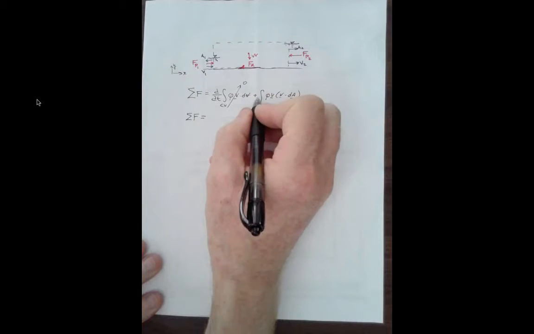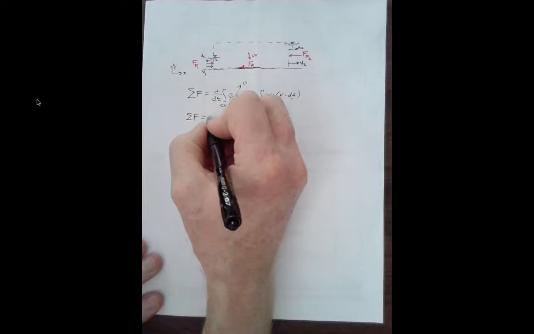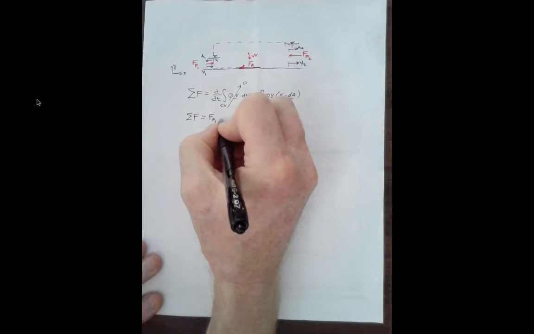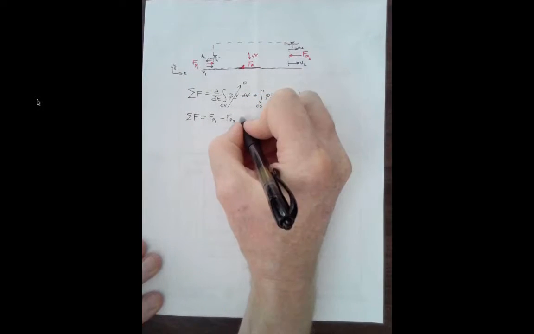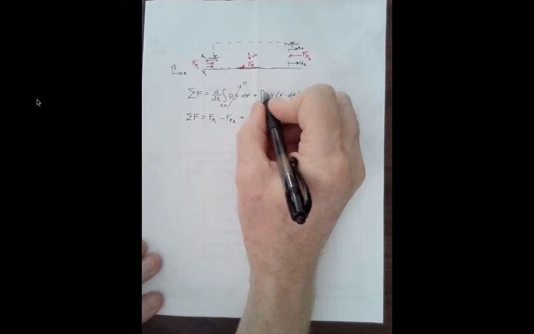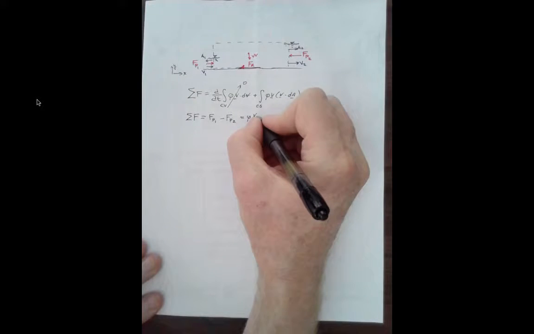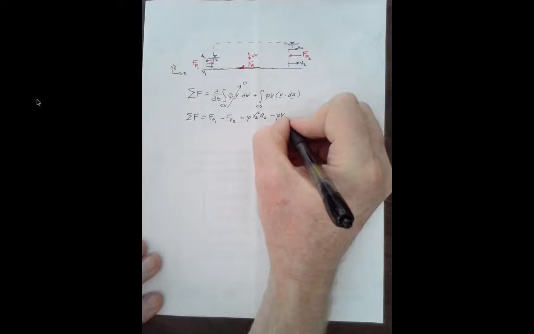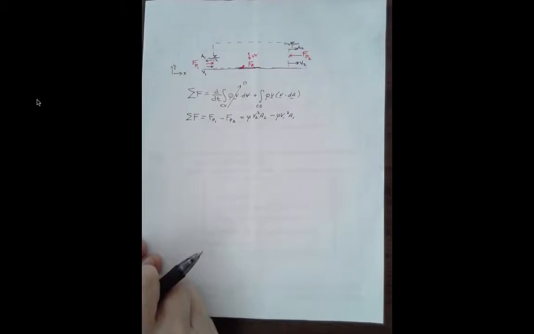So on the left side, I have force, pressure 1, pushing to the right, minus the force at pressure 2, pushing to the left. And that equals the change in momentum, which is rho V2 squared A2 leaving minus rho V1 squared A1 entering.